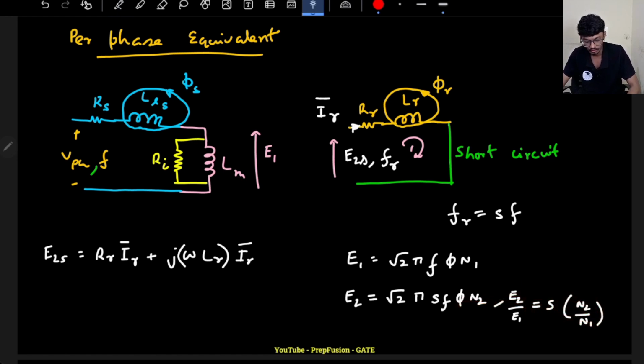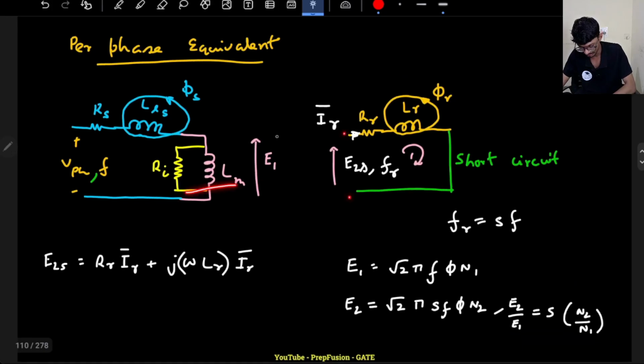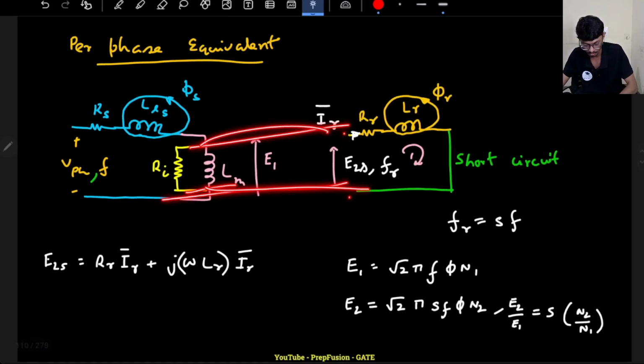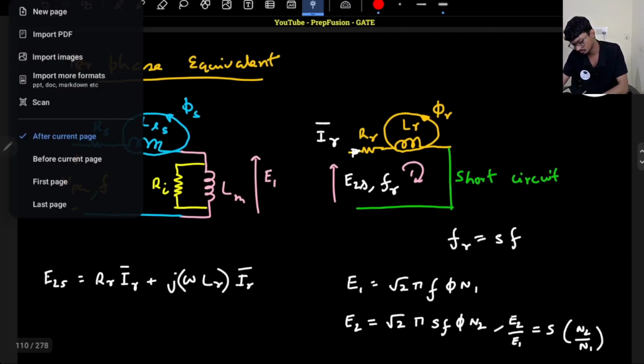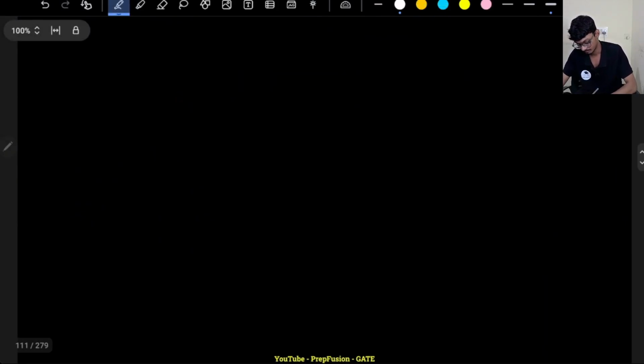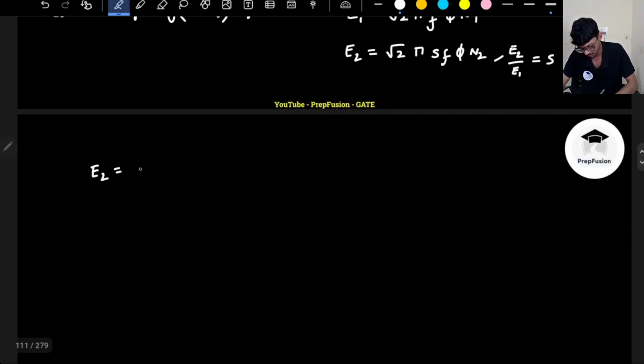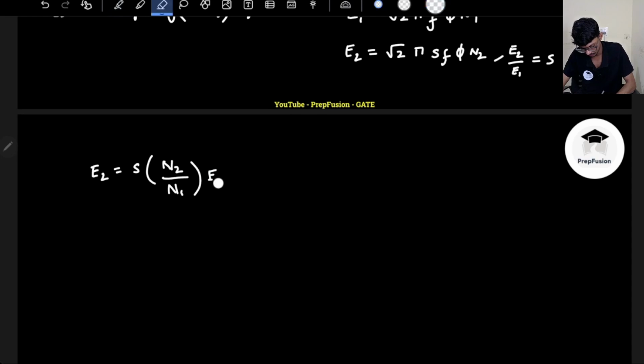How can I refer it now? If I want to connect these two points here, how can I connect them? So E2 actually is equal to S into N2 divided by N1 into E1.